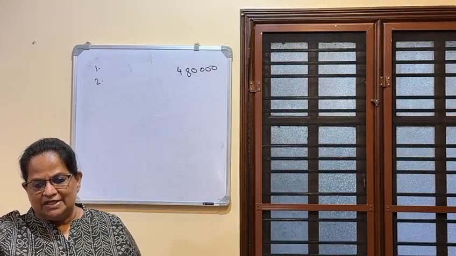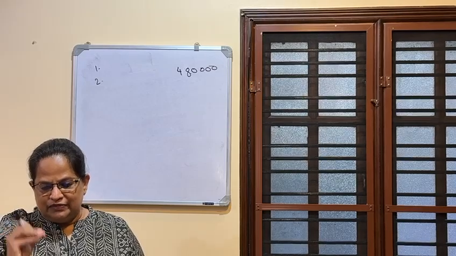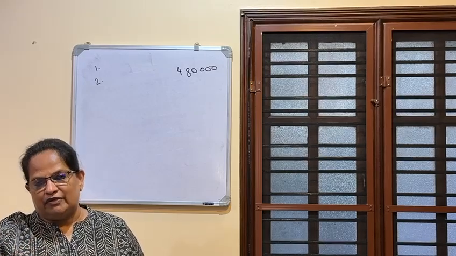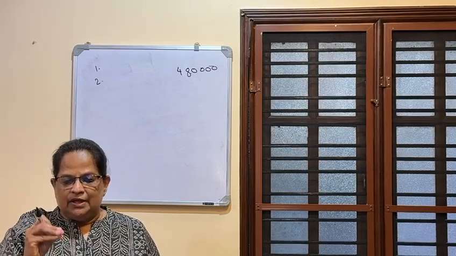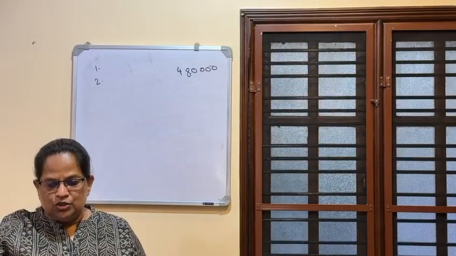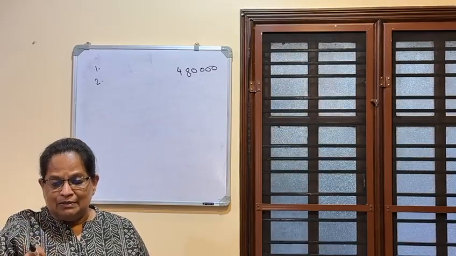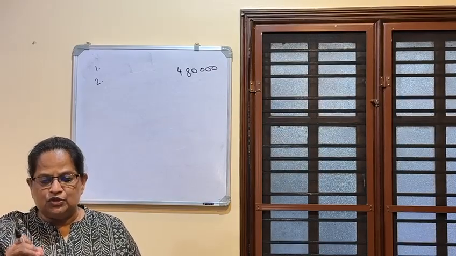Now dearness allowance total, 50% is entering plus the balance 25%. So when you calculate 50 by 100 into 2 lakhs, that is 1 lakh. Then the balance amount, 25% of 2,80,000.